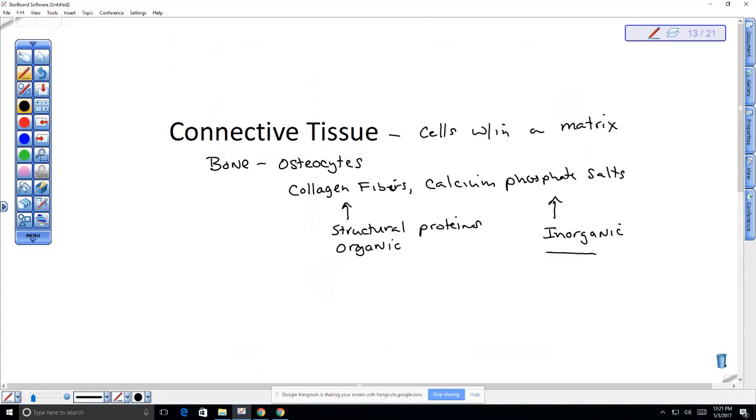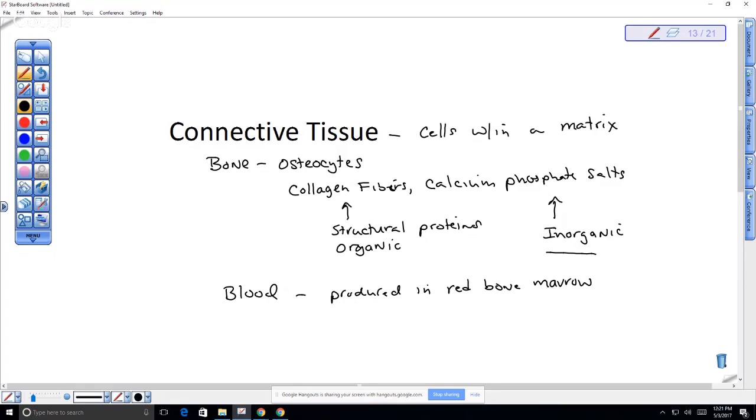So bones are examples of connective tissue. It's important to realize that blood is also an example of connective tissue, right? One reason why is that it's produced by red bone marrow. So in the center of the bone, the red bone marrow is very abundant in children, but as we age, it gets replaced by yellow bone marrow, which is fat. But we do have some places where it is found, and one of them is in your hip joints.